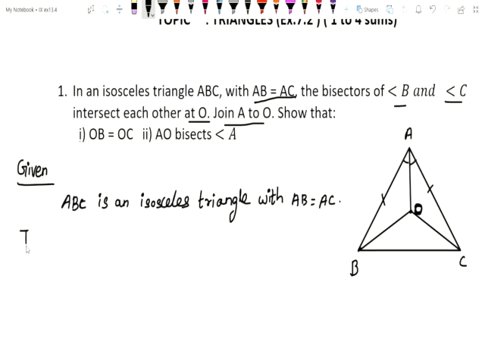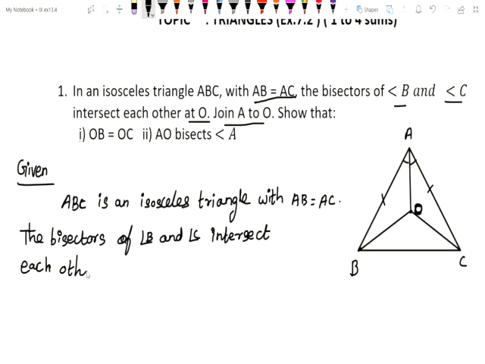Next, the bisectors of angle B and angle C intersect each other at O. So this is given in the question.